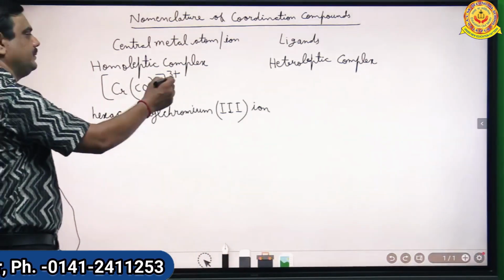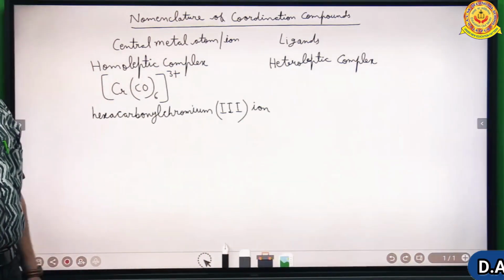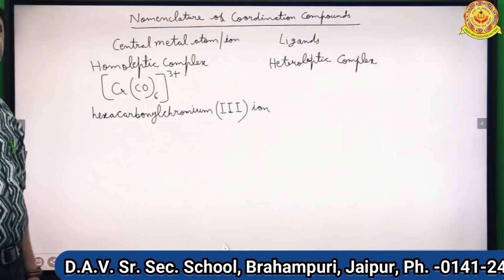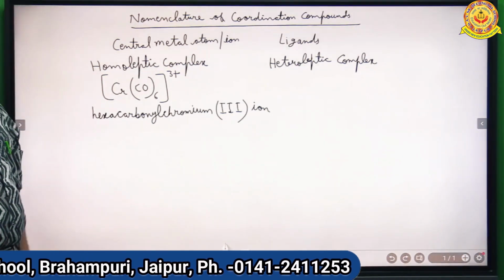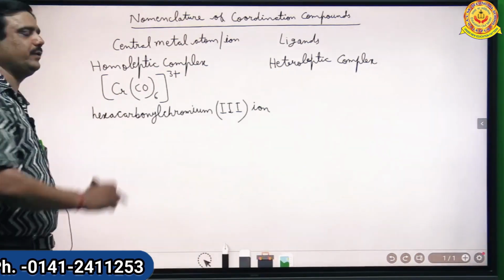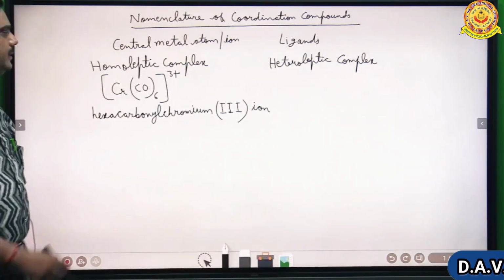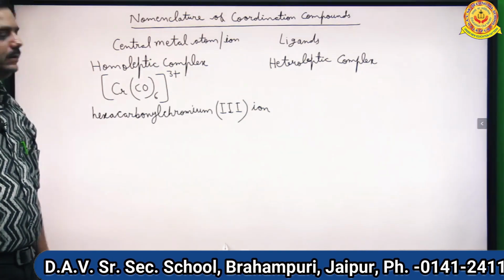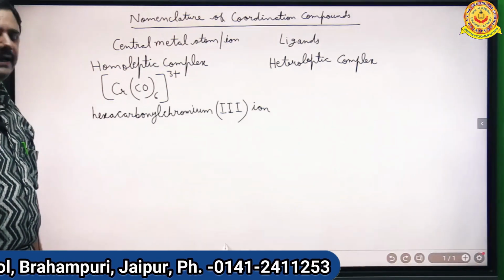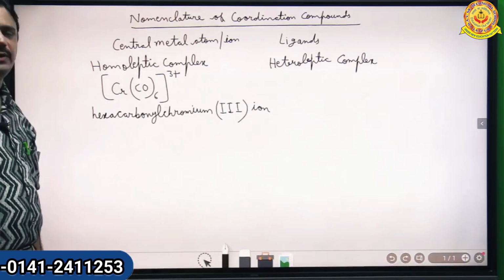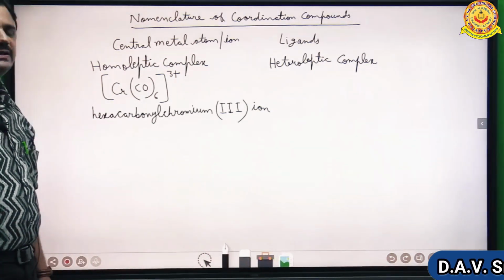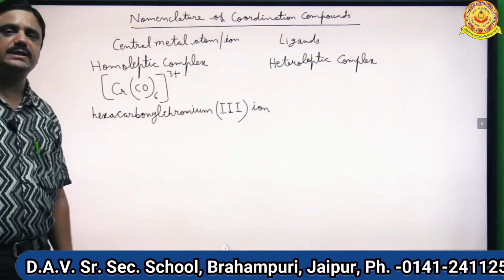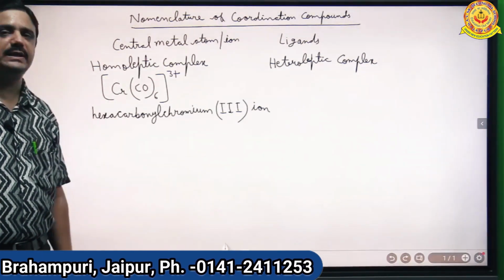And coordination number is the number of electron pairs accepted by the central metal ion from ligands. Here each carbonyl is donating 1 electron pair to the chromium, and 6 carbonyl molecules are there. So overall 6 electron pairs are accepted by the chromium. That's why its coordination number is 6.